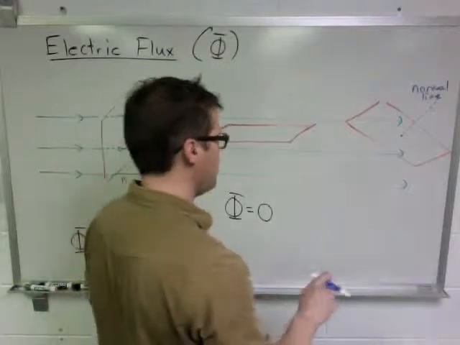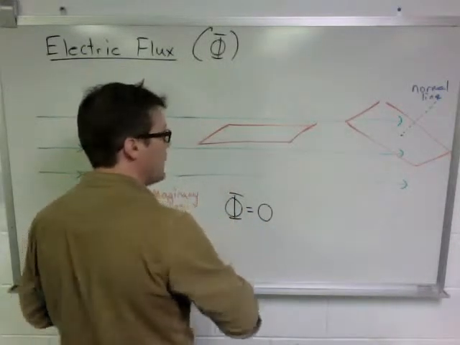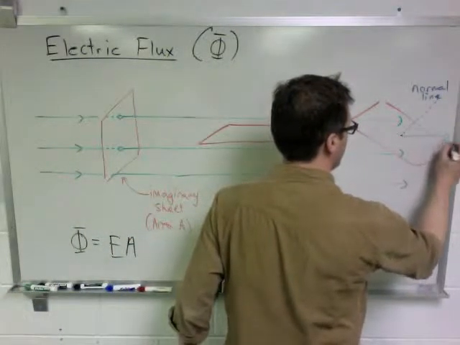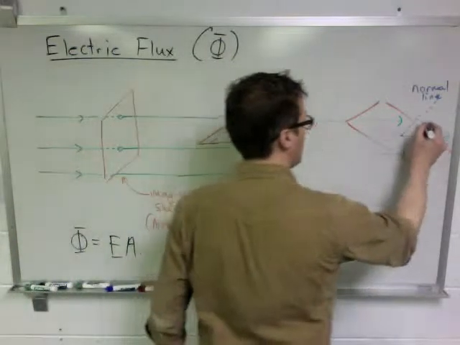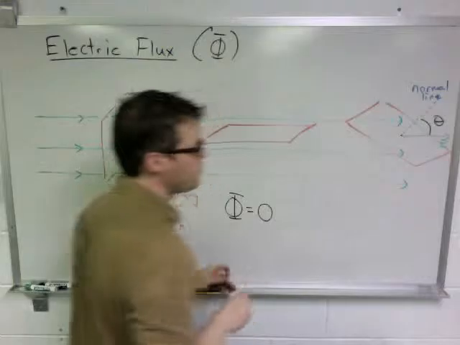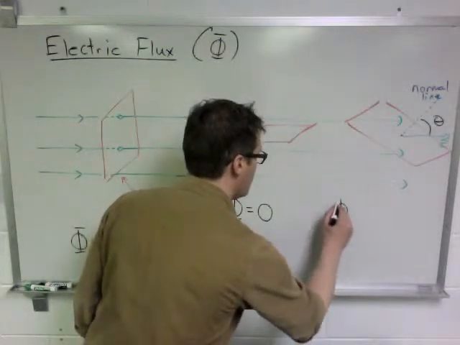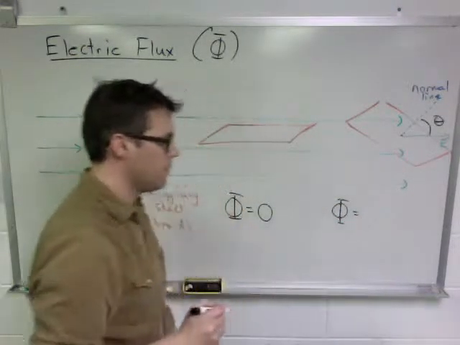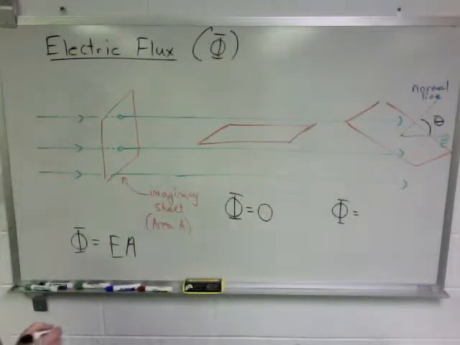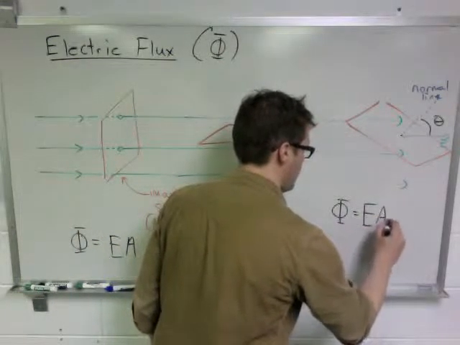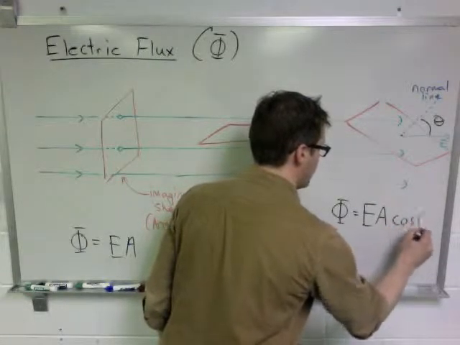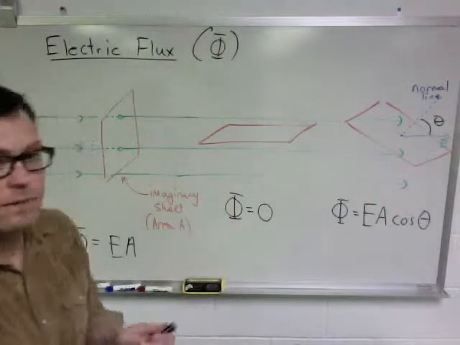And the angle between the direction of the electric field and the normal line is going to be my angle theta. And so the most general way to write the electric flux through this imaginary surface is to say that it's EA times the cosine of this angle theta.